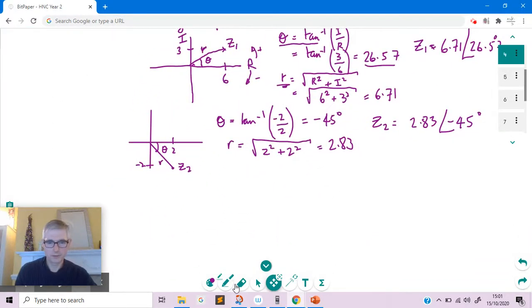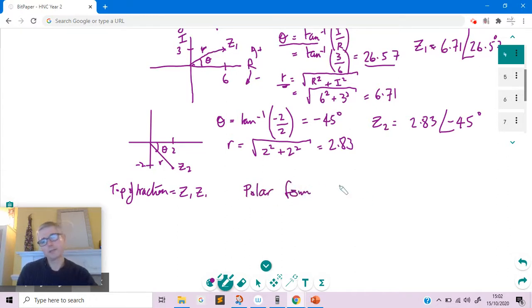So Z1 times Z2, so the top part of the fraction. So that means it's written in polar form is how we want to do this. It would be more difficult if we did it in Cartesian. We could still do it, but actually we want to do this in polar form.